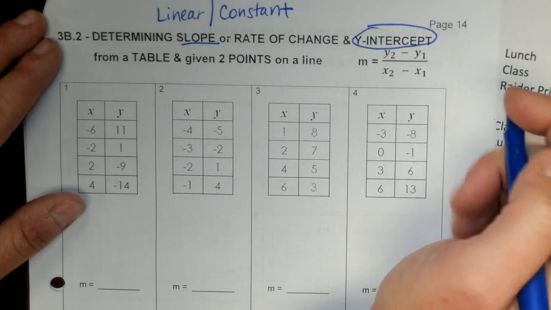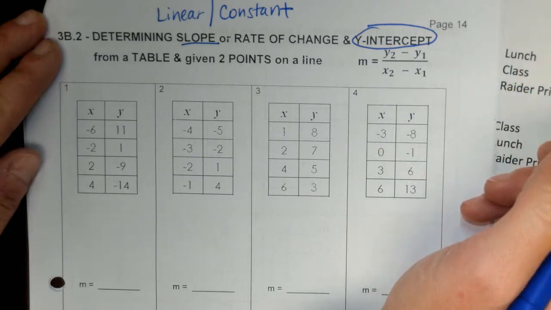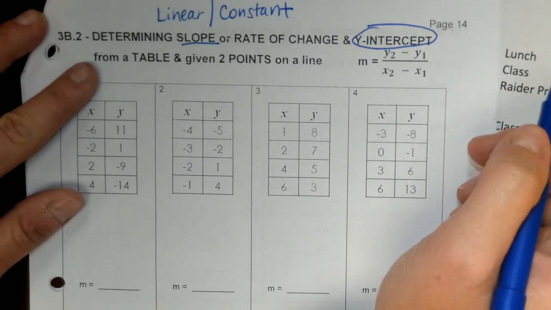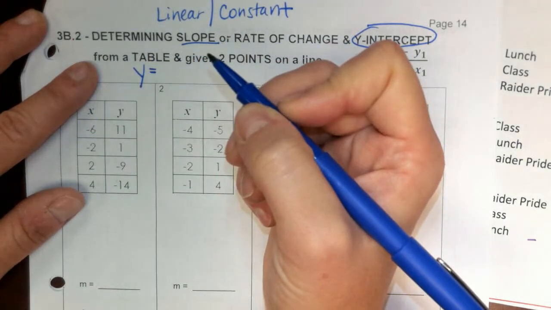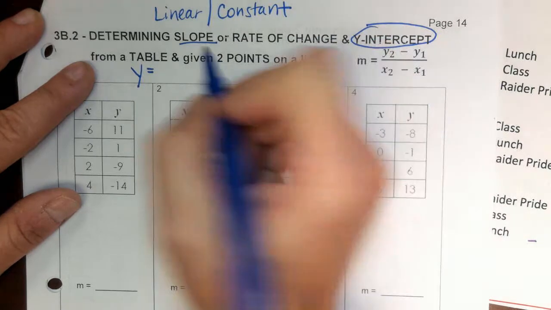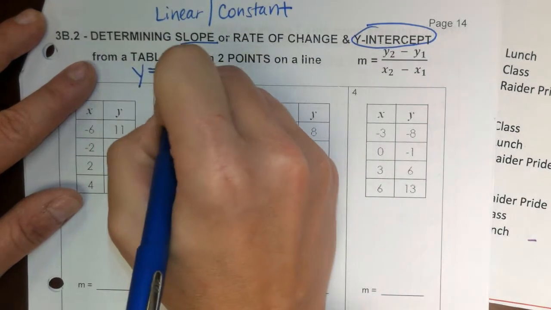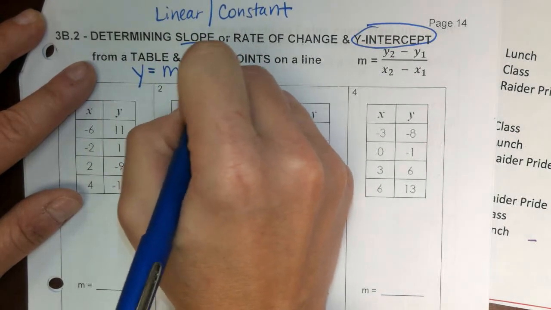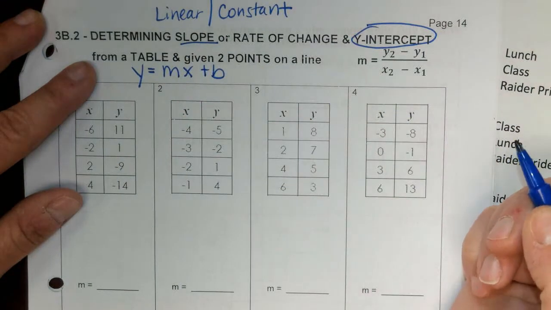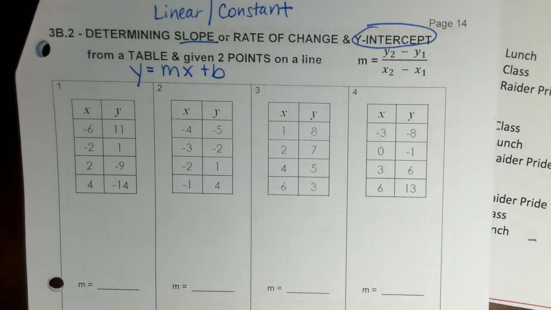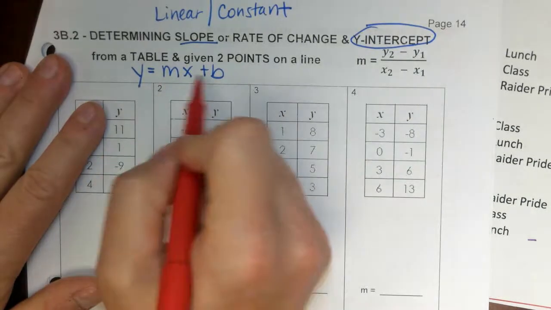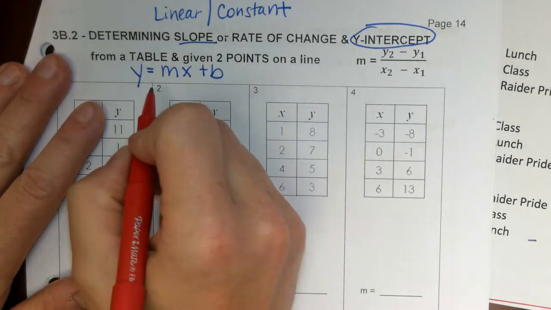So let's go over the standard form of slope. So that's y equals, it's that slope formula. Y equals what? mx plus b. Y equals mx plus b. So right now I want you to tell me out loud which part of this formula is the slope?